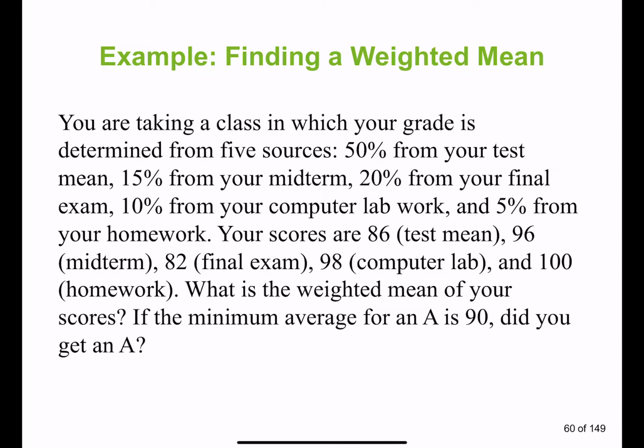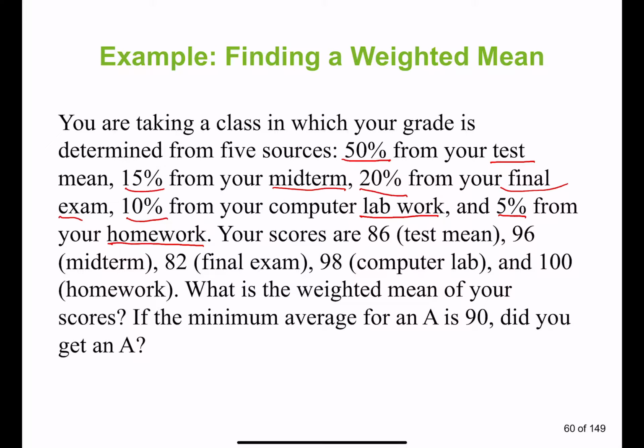Here is an example. You are taking a class in which your grade is determined from these sources. 50% is your test mean, 15% is midterm, 20% is your final exam, 10% is your computer lab work, and 5% is your homework.